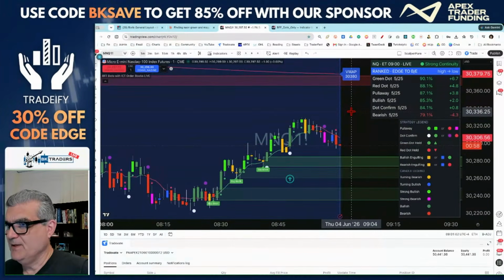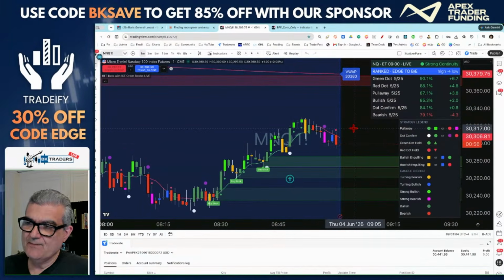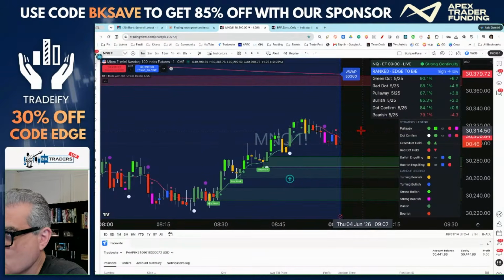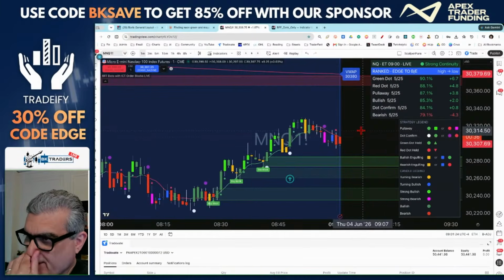Let's have fun. Okay, so red dot, this one, if this one doesn't invalidate the highs, we take it. If it does, we just wait for another setup.